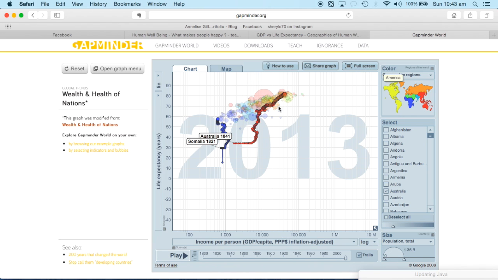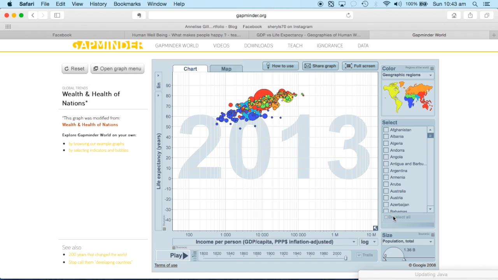So we end up here, whereas Somalia has pretty much stayed. They've actually even dropped further. Just deselect all those. So the country with the lowest GDP per capita is Somalia.